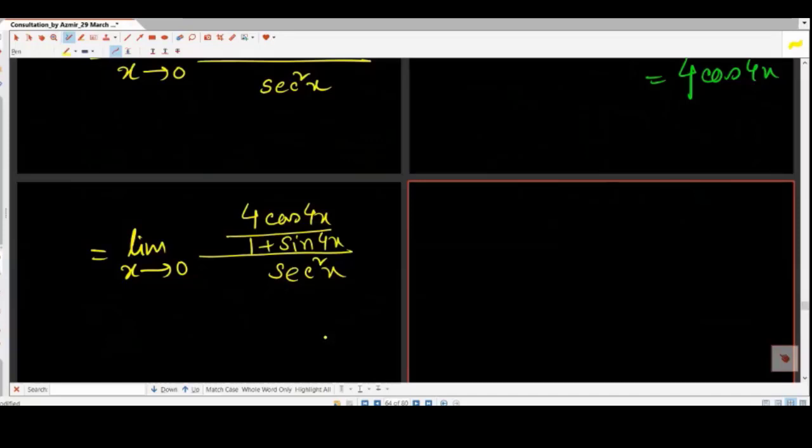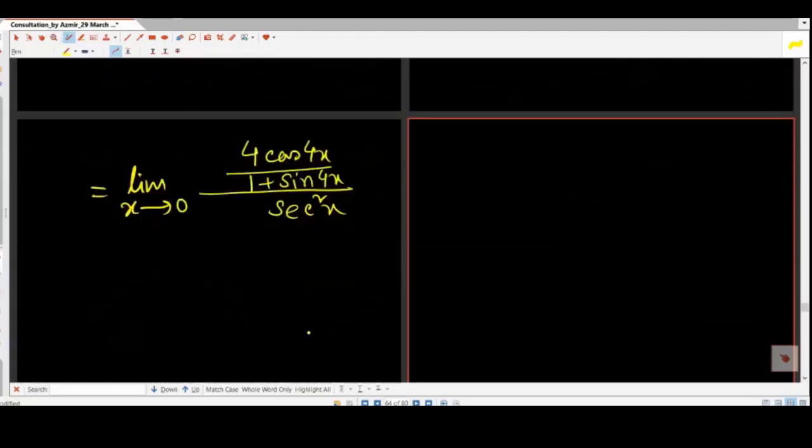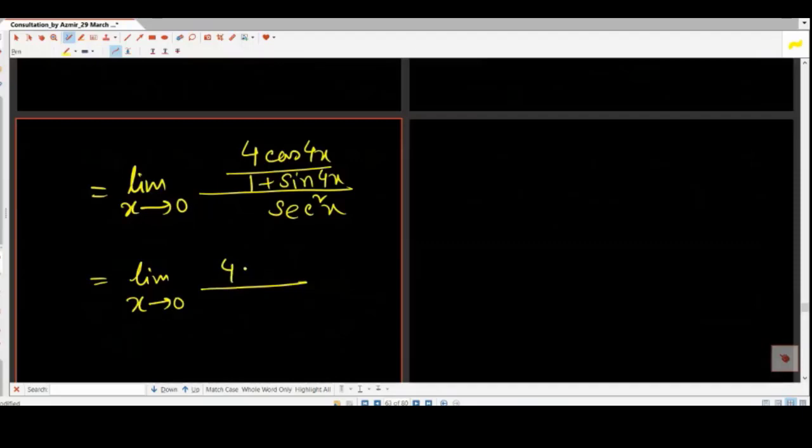So we can simplify here if we want. That is limit x tends to 0, 4 cosine 4x over 1 plus sine 4x times 1 over secant squared x.